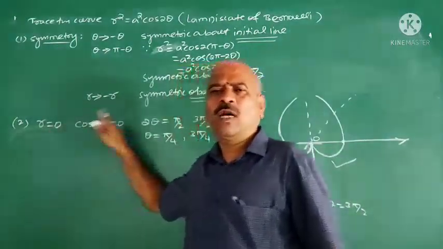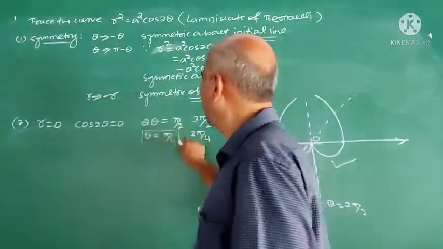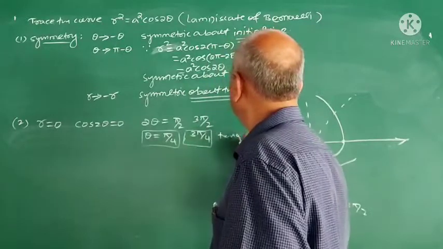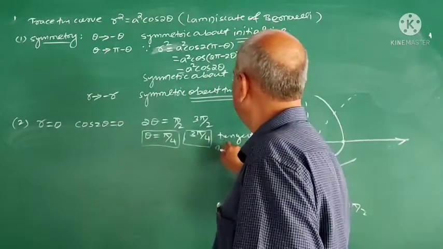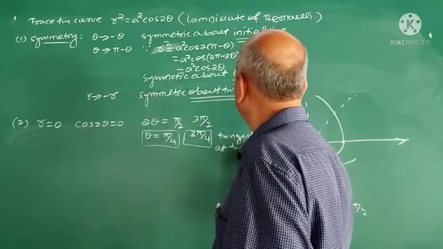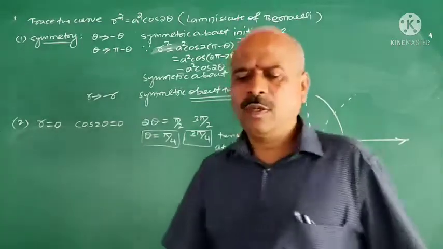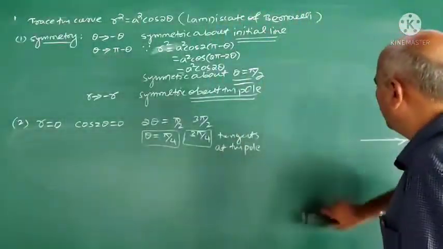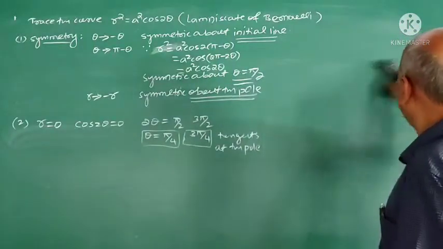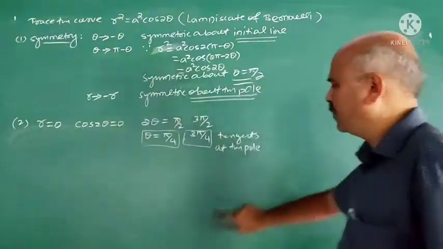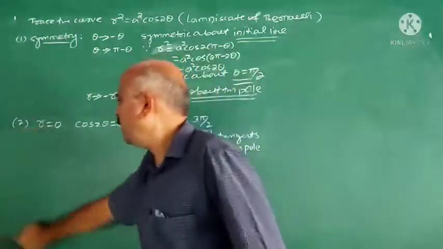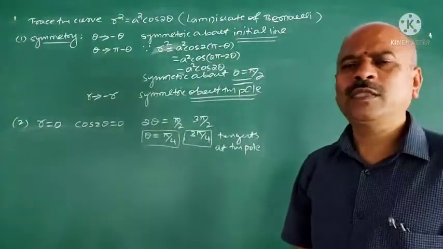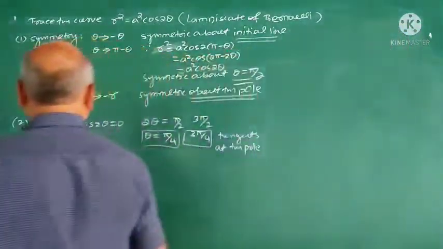The curve passes through the pole, and theta is pi by 4 and theta is 3 pi by 4 are the tangent lines at the pole. The curve passes through the pole and moreover tangents also we obtained here. Tangent lines are theta is pi by 4, theta is 3 pi by 4.